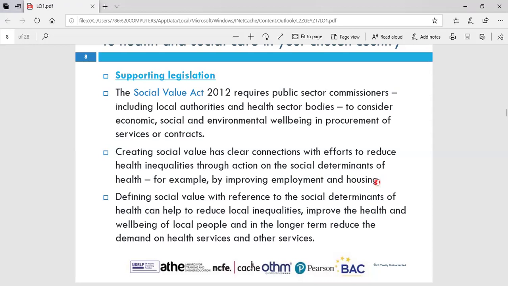Now you have determinants of health or disease which are social determinants. In the social context, you have different factors. You have your employment, you have your housing, and with employment, you have your finances, your economic condition.